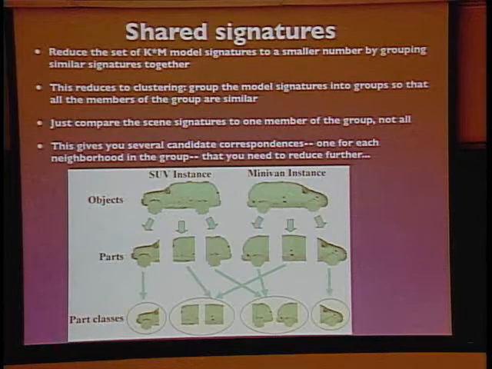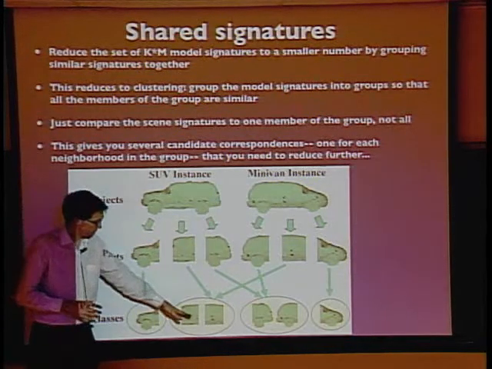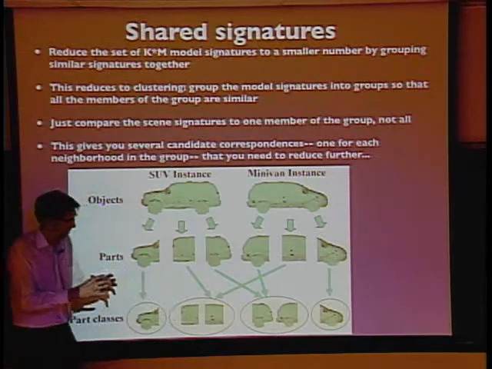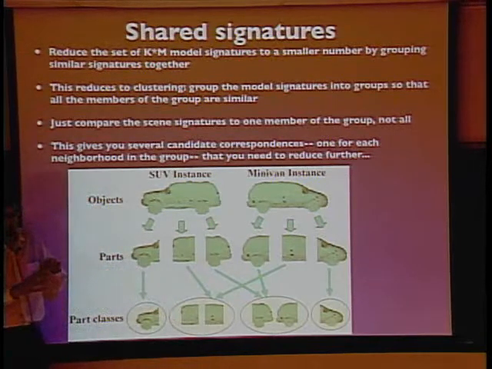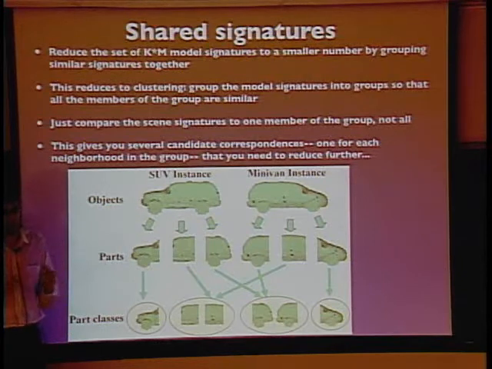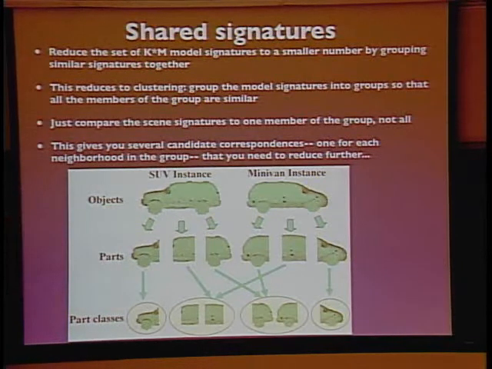If there's a large set of middles correspondences to one location in the scene, and there's one front end correspondence in the middle, maybe you can weed that one out, and so on. You can imagine how the next stage of trying to find objects in the scene becomes a lot simpler when you first reduce the data that you start with to a set of correspondences with part classes.